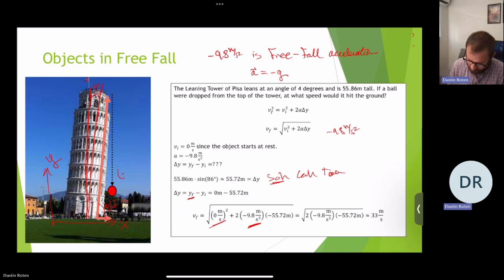I'm going to notate that right here, negative y direction, going down. Now we just have to essentially turn the crank, and when we do, it turns out the final velocity when this thing hits the ground is going to be 33 meters per second.